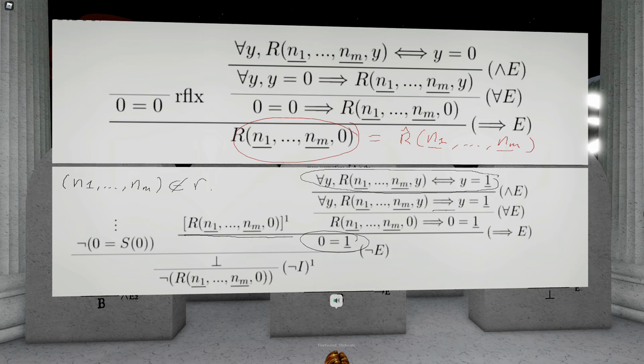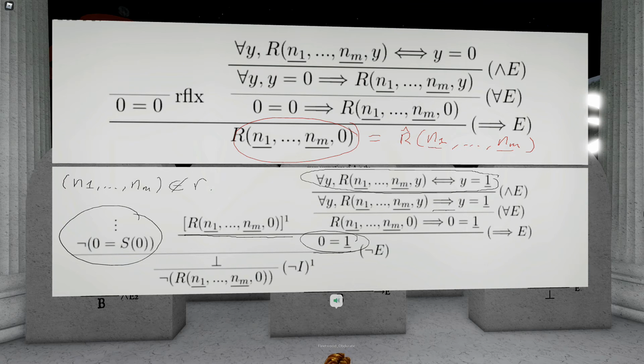Let's assume this so that we can then arrive at a contradiction and discharge this hypothesis later. Then we can use implication elimination in order to just get this statement that 0 is equal to 1. And that's very easy to contradict. We've done that several times already. But what's happening here is we have inside one of our axioms of the system Q that for all x, it's not the case that the successor of x is equal to 0, right?